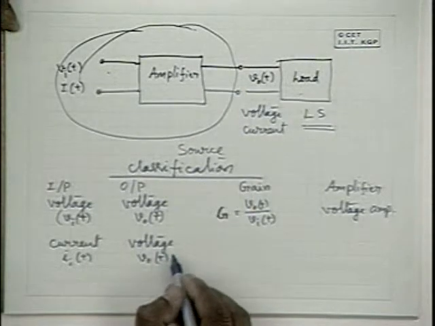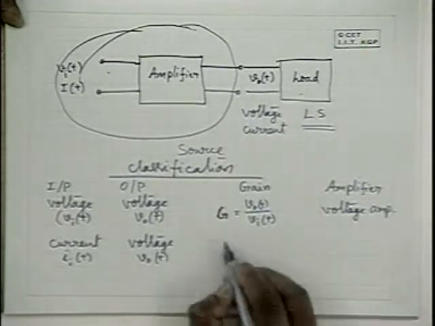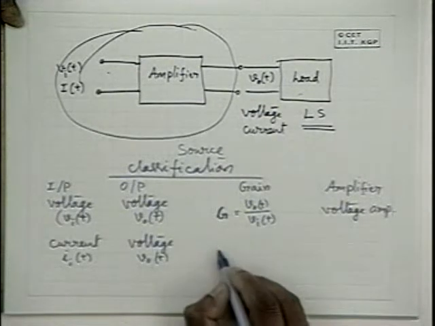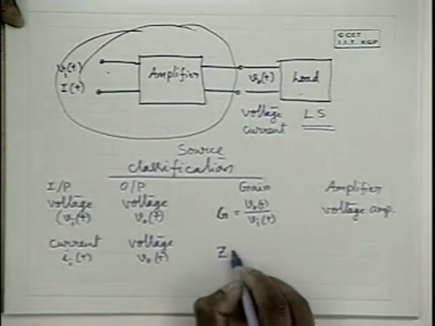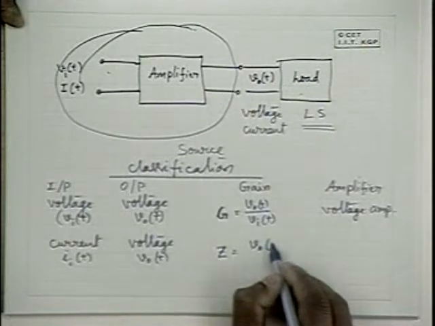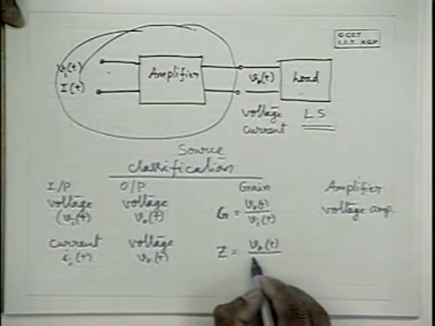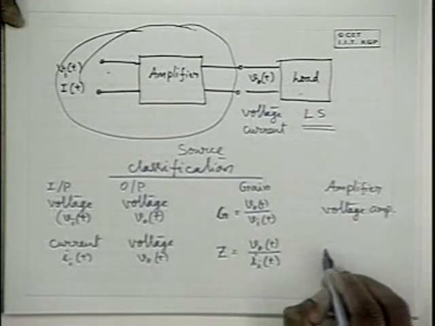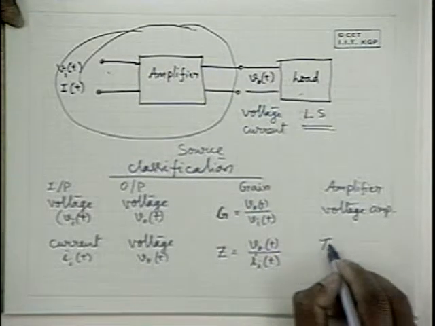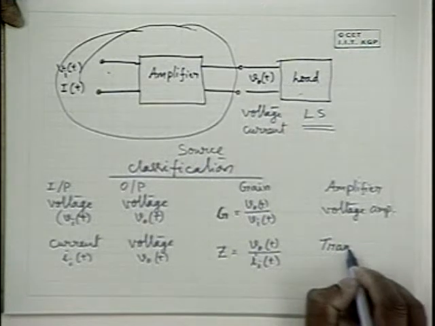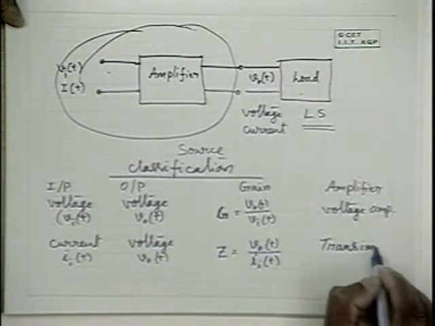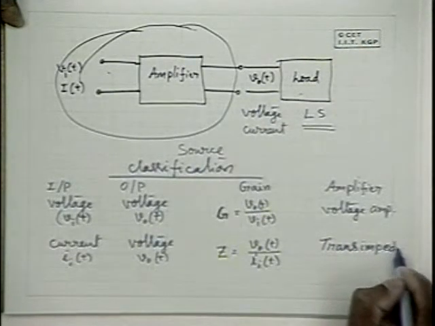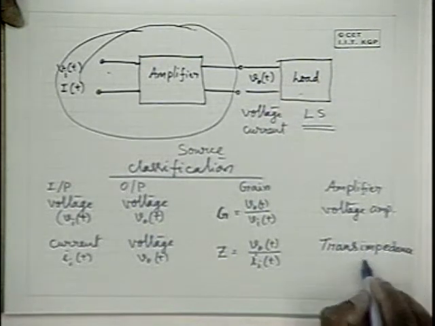The gain, the transfer ratio between the output and input, has units of impedance, in which case it is known as a trans impedance or trans resistance amplifier.